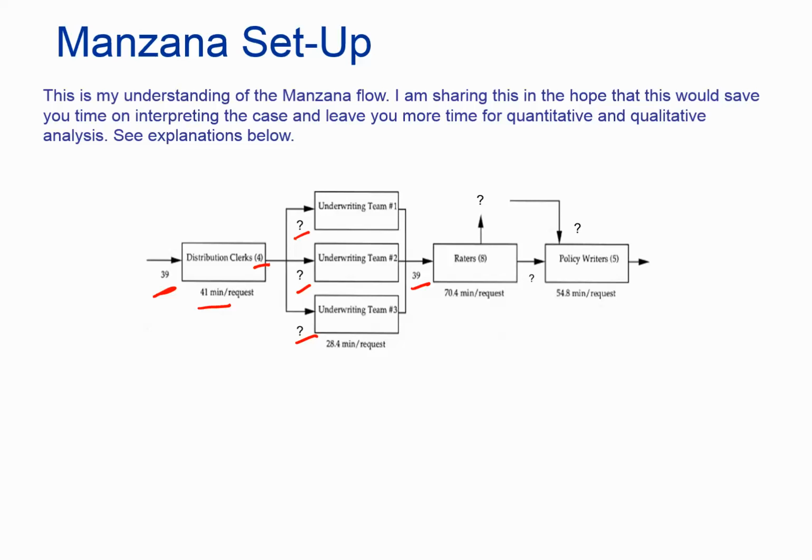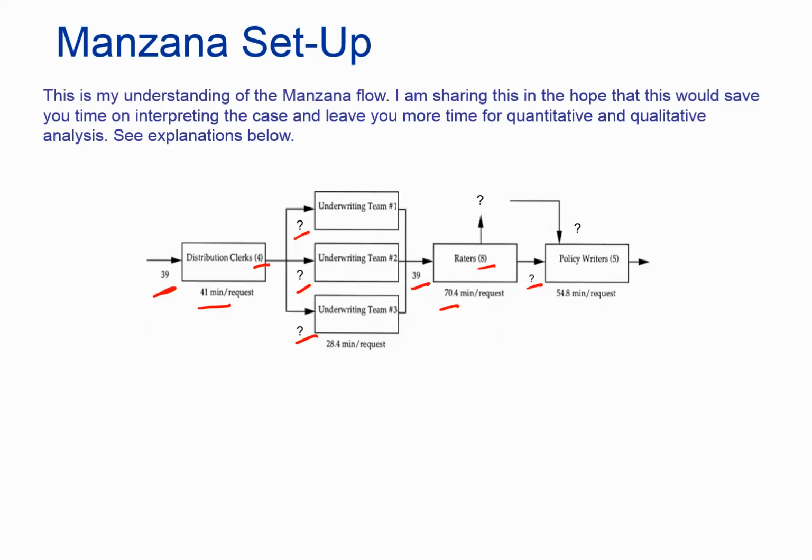Then it gets to station number 3, which is the rating station. There are 8 resources as given in the case at the rating station, and the service time is given as well. The next station is the policy writing station. Most of the units, at least 3 of the 4 types of units, go straight to policy writing. That is this flow.